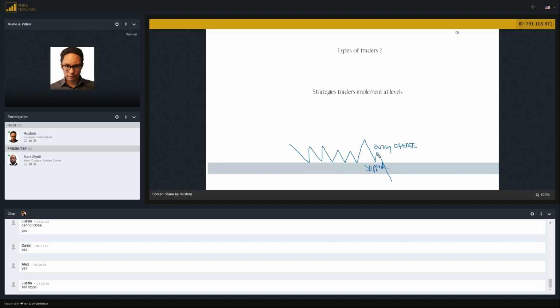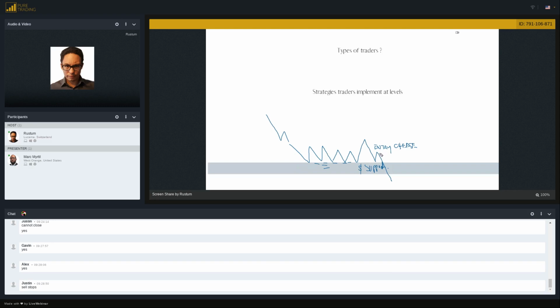The level trader wants to base his idea that we are going to change the trend now, because this is a support level. He wants to break the trend going down and aggressively go long. So he places his entry and he has his stops there.